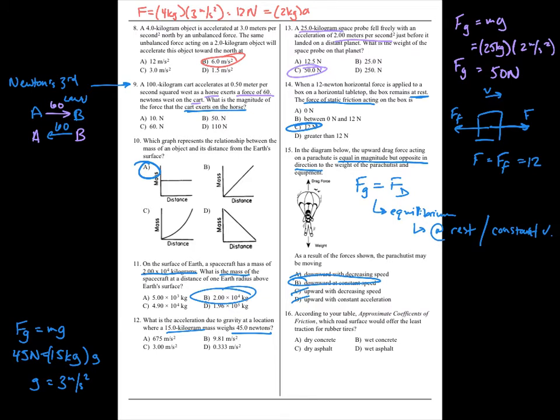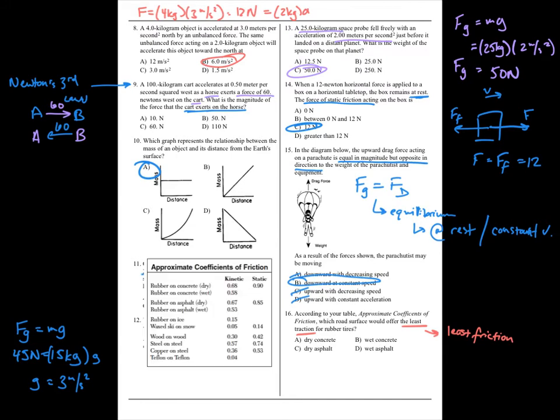Alright, now we have to look up on the reference table which road surface would offer the least traction. So this means least friction. And voila, I brought out the approximate coefficients of friction table directly from the physics reference table, which you're definitely going to need to use during the test. So we're looking for the one with the least friction.